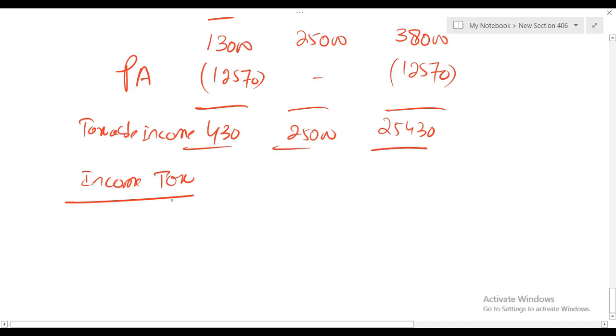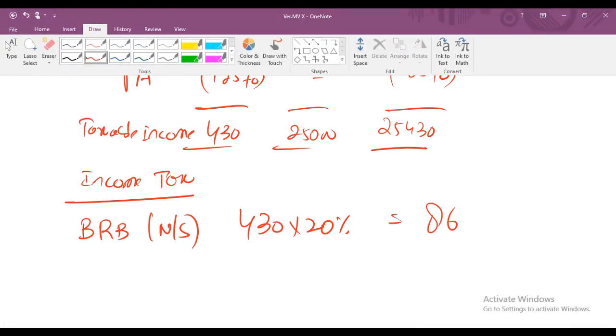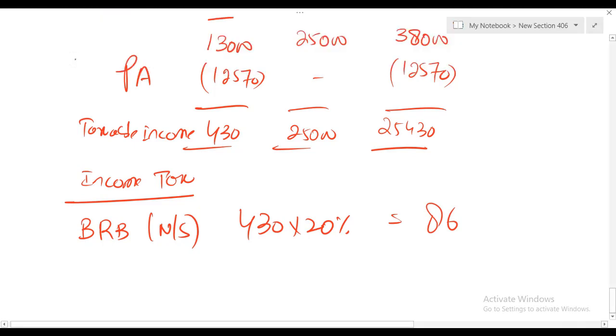Now let's calculate income tax. First, we need to tax non-saving income, and 430 of non-saving income obviously falls in the basic rate band. Basic rate band, non-saving, it is 430 into 20%. Obviously, how much? 86. Now, students, please listen carefully. Look at the amount which I'm going to put in the circle, 430.